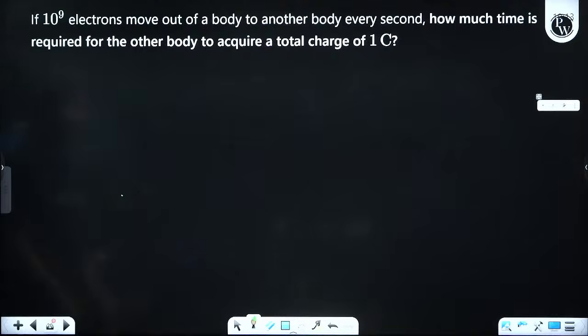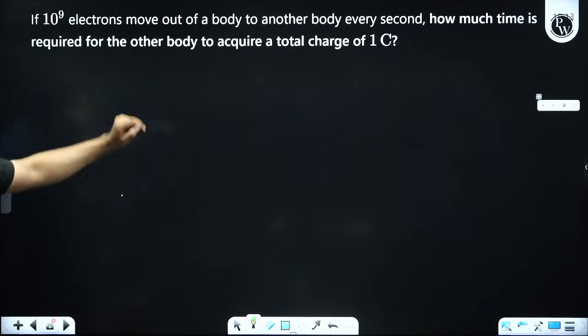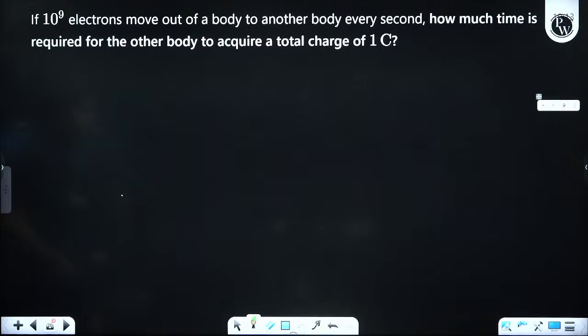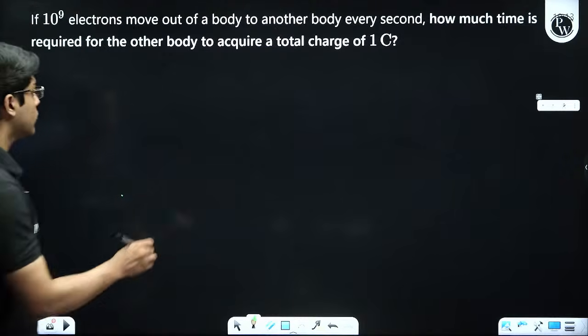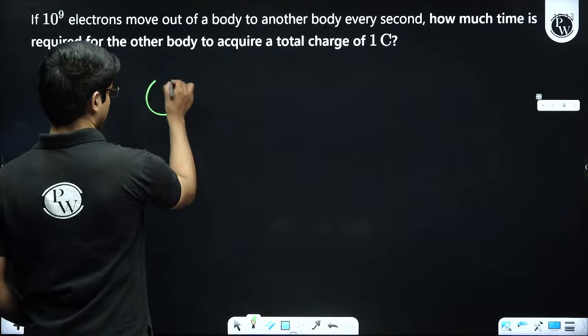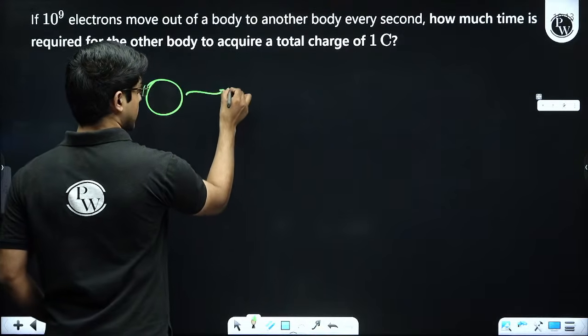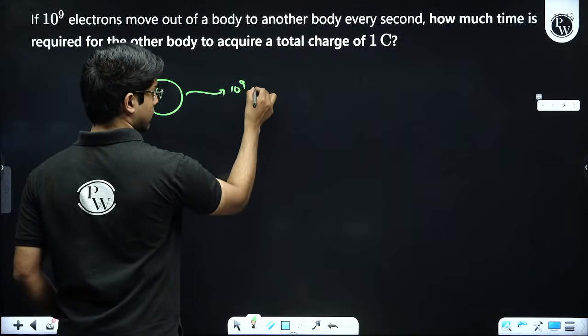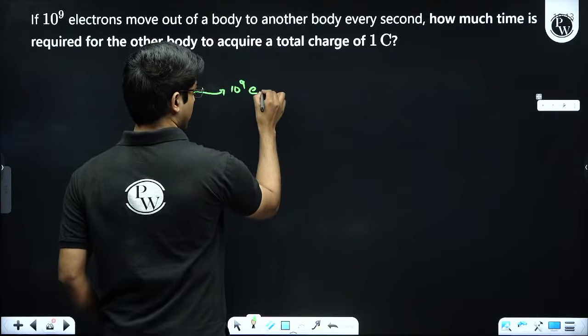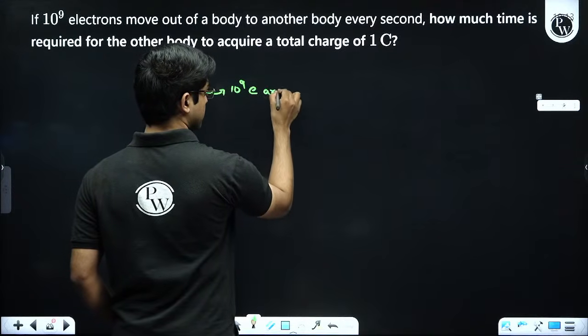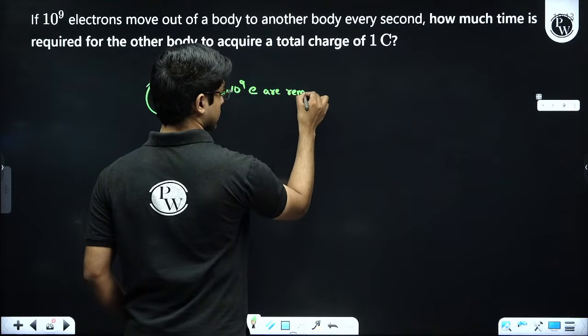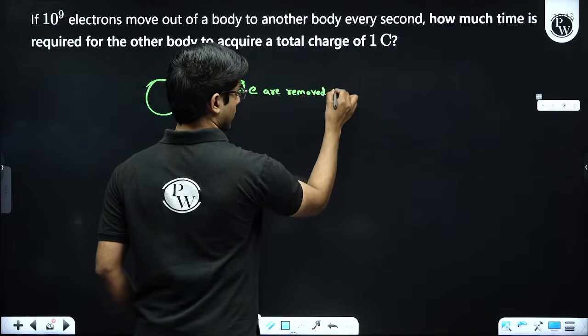Then there is this one question. This is actually an NCERT problem, given in one of the exercises. We have 10 raised to 9 electrons that move out of a body to another body every second. So they're saying 10 raised to 9 electrons are removed from the body per second.